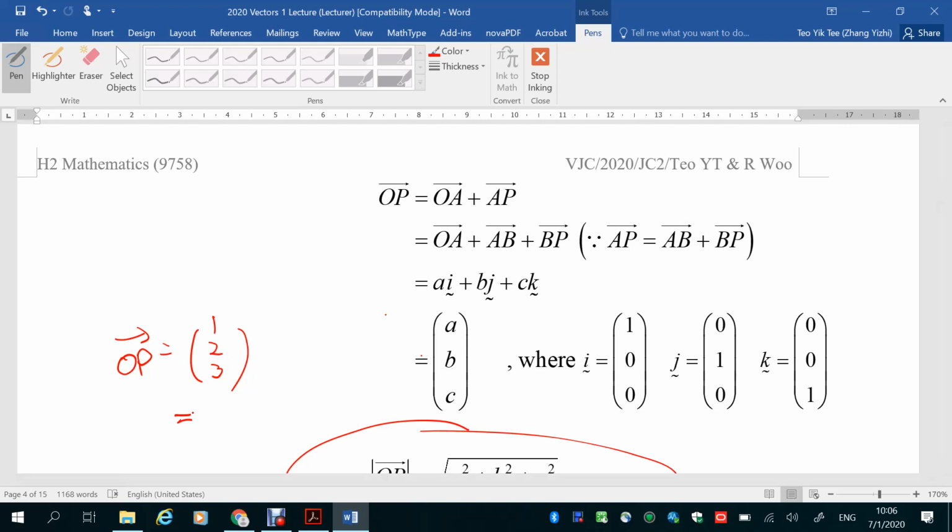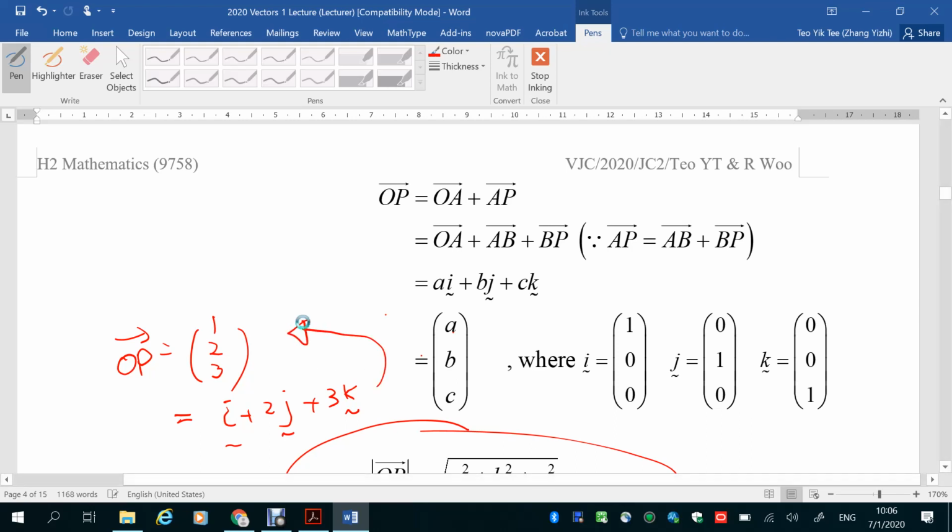Sometimes some setter will set an exam like that: i plus 2j plus 3k. Okay, I tell you that OP is equal to i plus 2j plus 3k. So it means that they are equivalent. 1, 2, 3: x direction, y direction, z direction.